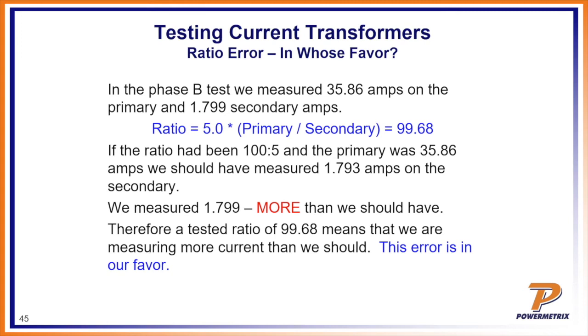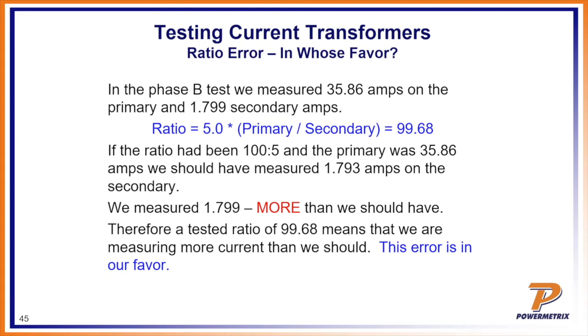In the opposite direction, let's say it's a 105 CT and I'm measuring 101.6 something, that is in the customer's favor, if that makes sense. When I say whose favor, that means if it's 99.68, the utility is overbilling the customer in a way.